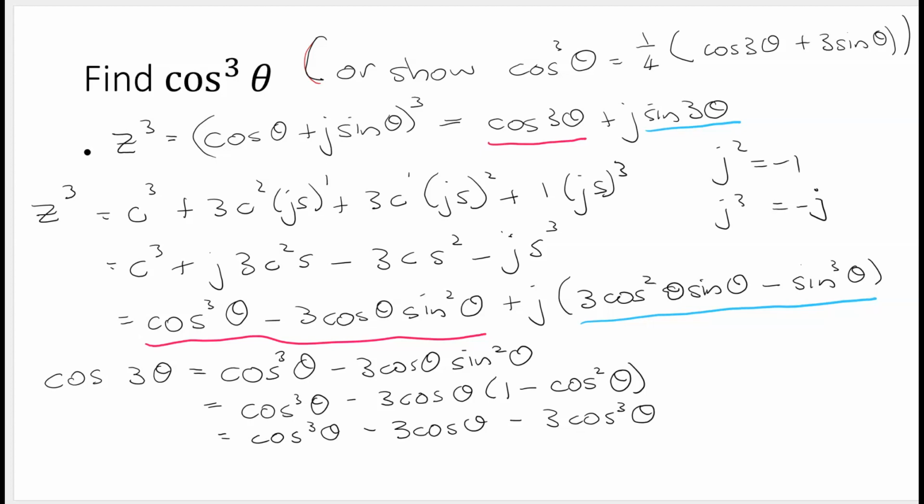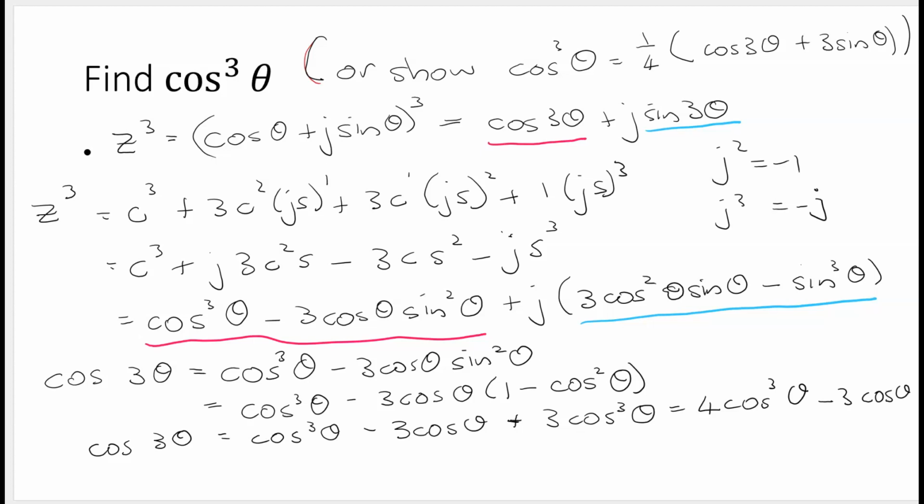We've got minus minus gives us a plus. So we've got 4 cos cubed theta minus 3 cos theta, and that's equal to cos 3 theta.